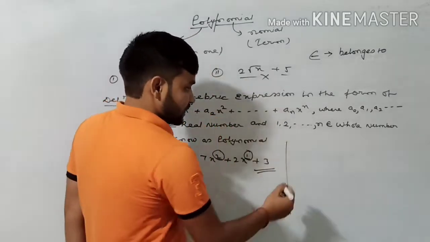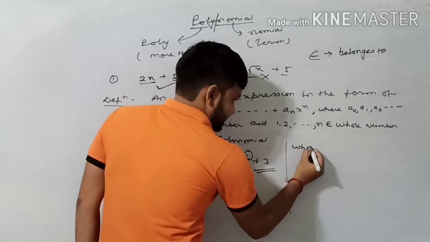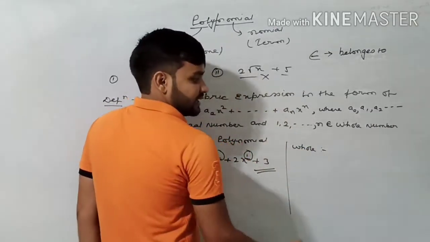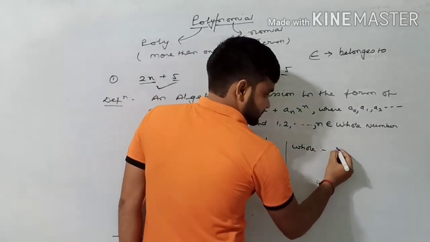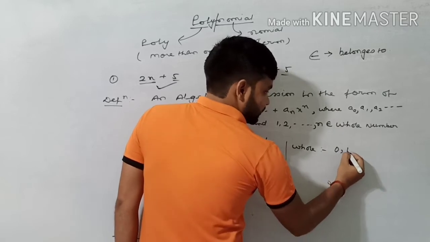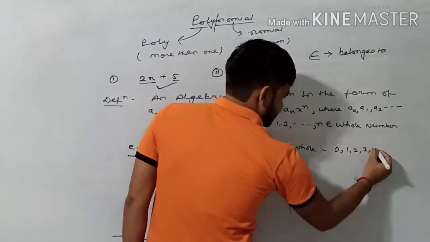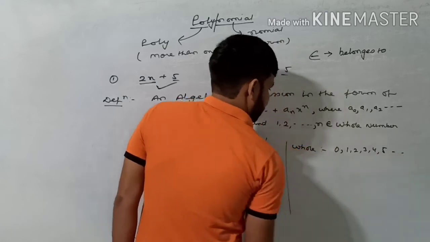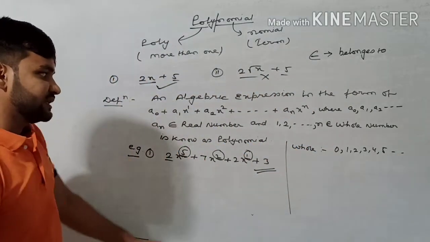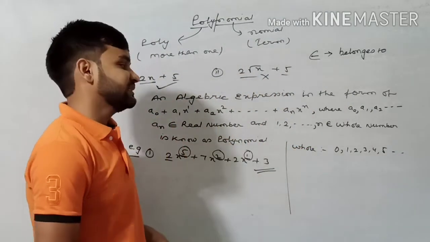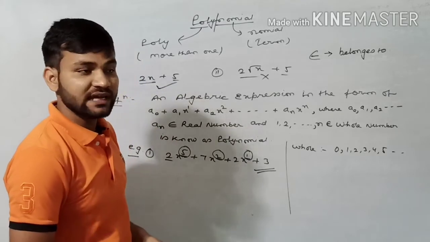So what is a whole number? Whole numbers are the numbers starting with 0 and after that the positive counting numbers. All positive counting numbers together with 0 are known as whole numbers.